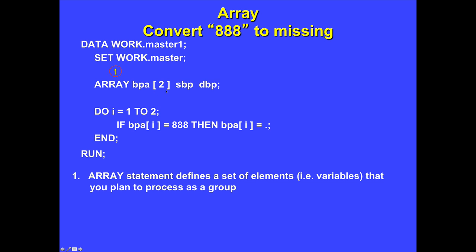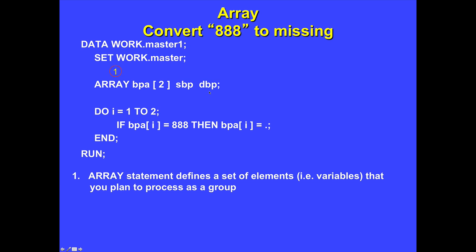The next thing I'm doing here is I'm specifying to SAS some rules about the array, and the first rule is how many elements are in that array. And in this context, elements is synonymous with variables because I'm using this array to define a group of variables. And then after I tell SAS how many elements it can expect, I'm providing the names of variables that I want to be held in the array.